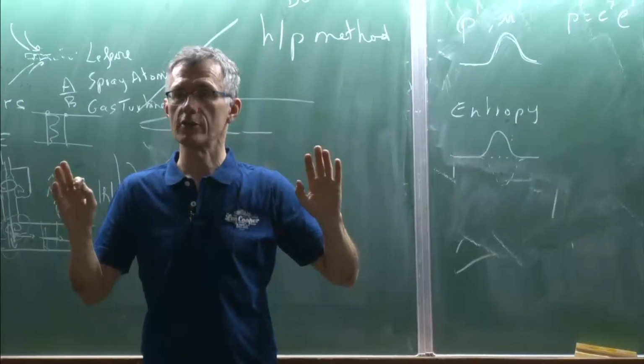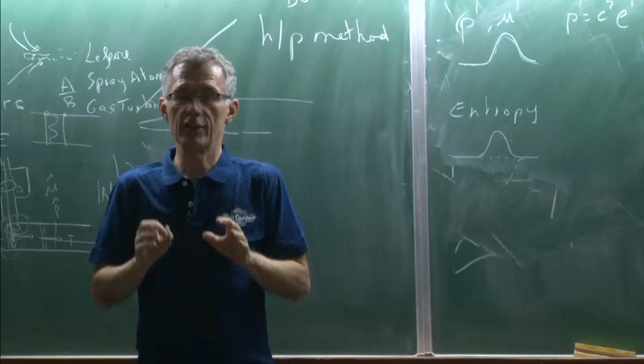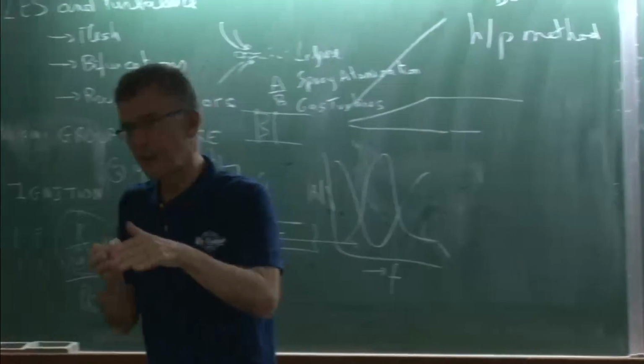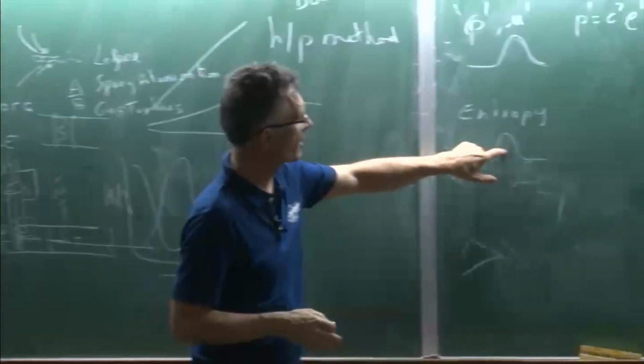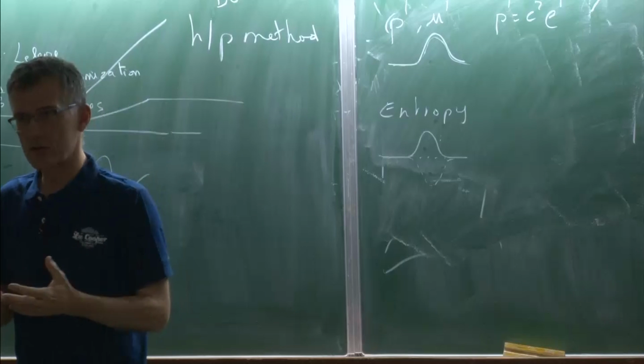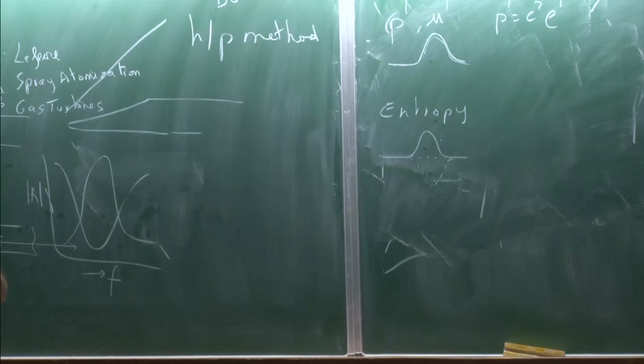They don't talk to each other, they don't see each other. It's only in the nozzle, because of the acceleration, that suddenly the entropy wave starts creating noise. Otherwise, from the Navier-Stokes equations, we know that these two types of waves are independent. Acoustic waves and entropy waves live separately.